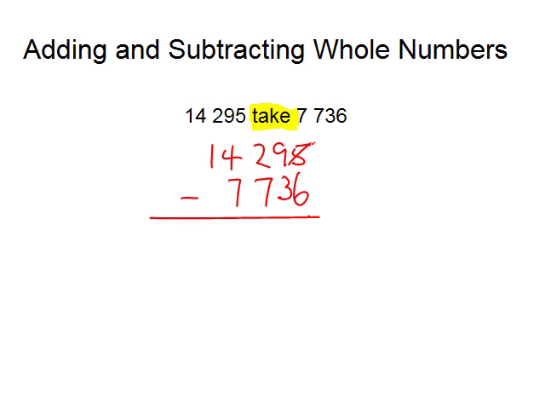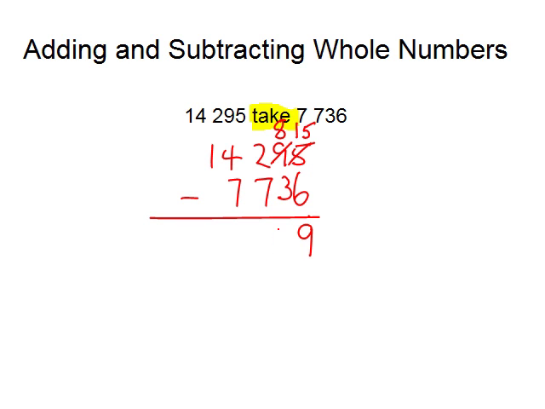I'm going to show that by crossing out the 5. I still need to remember that there's 5 ones that's still there though. Then I'm going to go to the 9 and borrow one of those 9 to leave 8 behind. Pay that back as 10 ones or 10 units, and there's another 5, so there's 15 altogether. And 15 take 6 is 9.